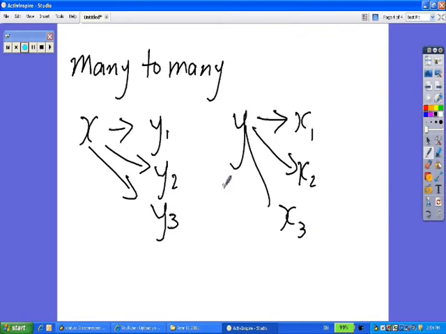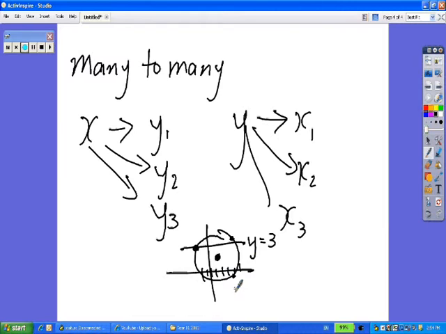Okay? And the example given in the book is a circle, where on any x value, so this is my x-axis, I'm going to have two values of y, but vice versa for any value of y. So let's say this is y is equal to 3. This would be, say, x is equal to 4. I'm going to have more than one here, and I'm going to have more than one here. And this is a circle, okay?